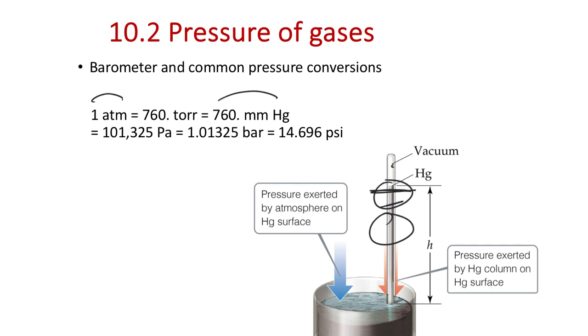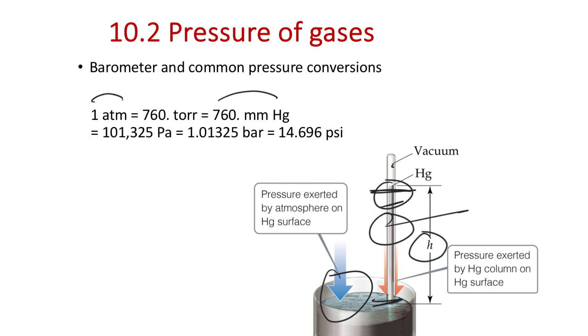The height of the mercury has to counterbalance the force that's pressing downward on that dish of mercury. So there's atmospheric pressure pressing down on our dish of mercury, and the height of mercury is just counterbalancing the right mass to be in this column. So we're counterbalancing the mass of the atmosphere, the atmospheric pressure, with the mass of mercury in our barometer.